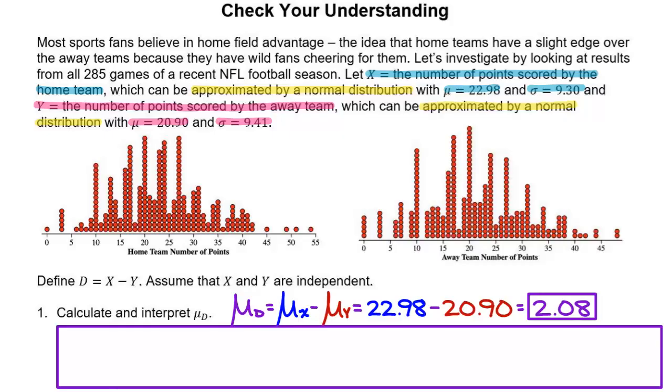What other word do I need in there? What does the mu mean? It means the mean. What does mean mean? On average. On average, the home team scores 2.08 points more than the away team.